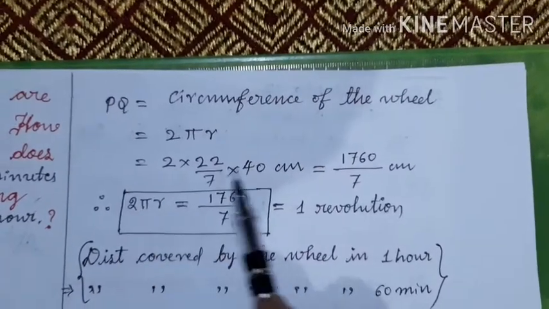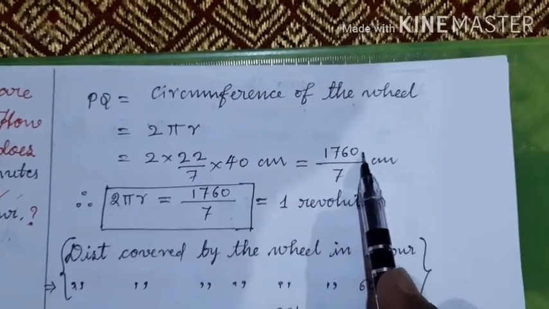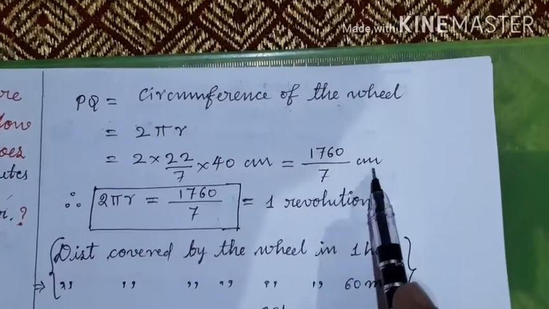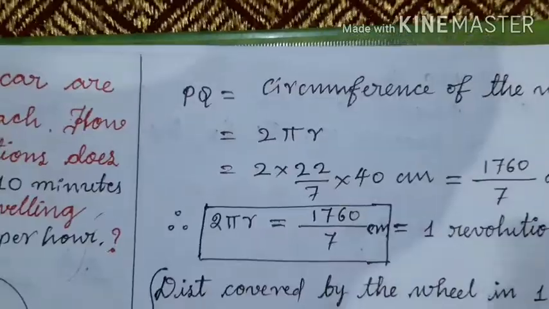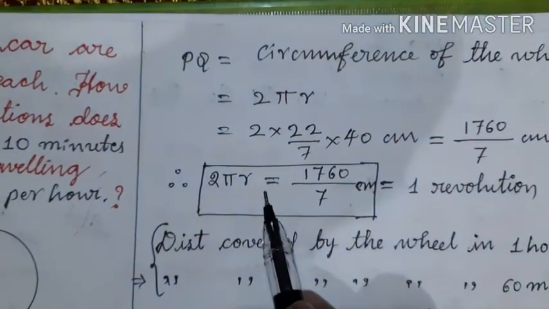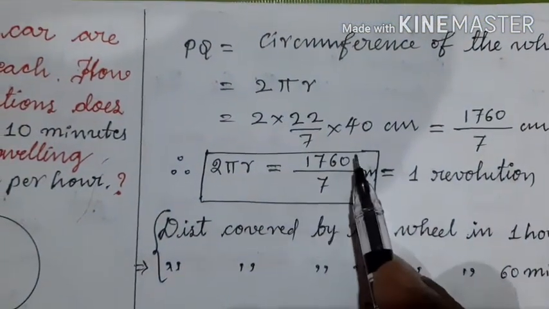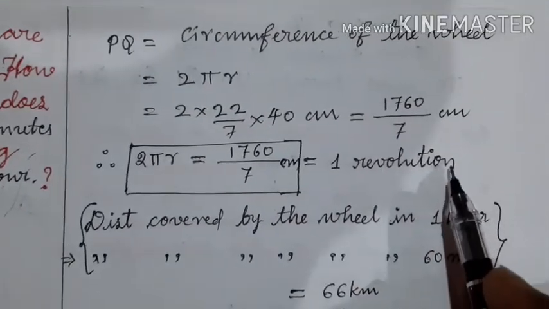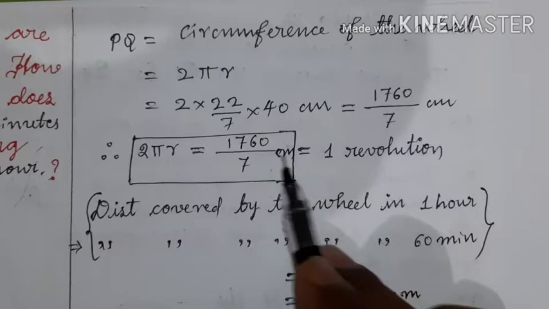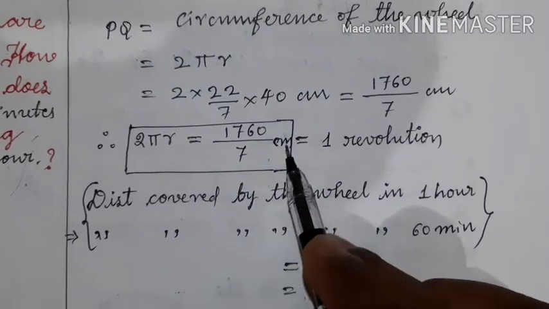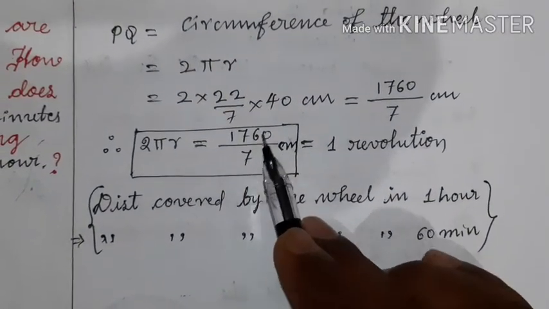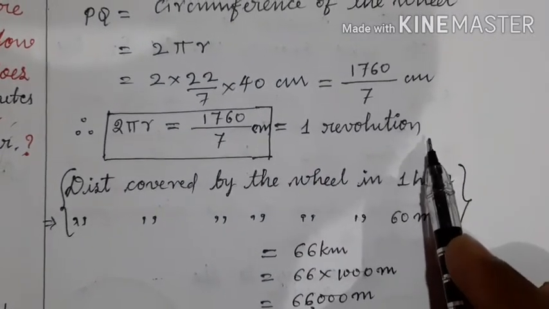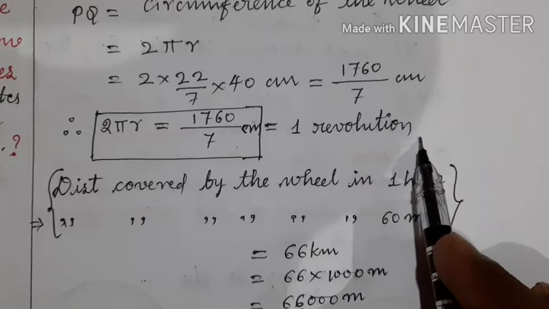So children, one revolution means 1760 upon 7 centimeter, the complete revolution made by the wheel.